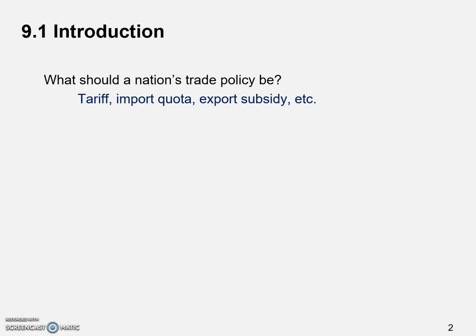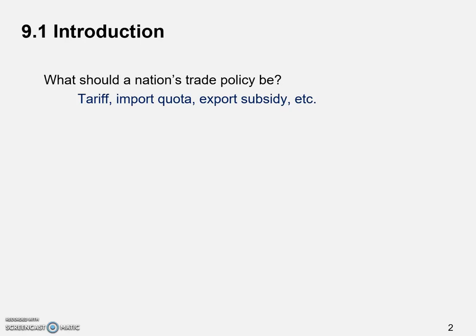And they could say this is going to help them, these losers, either temporarily or permanently, and so the country as a whole would be better off. And that's why in this chapter, we're going to talk about what a country's trade policy should be.